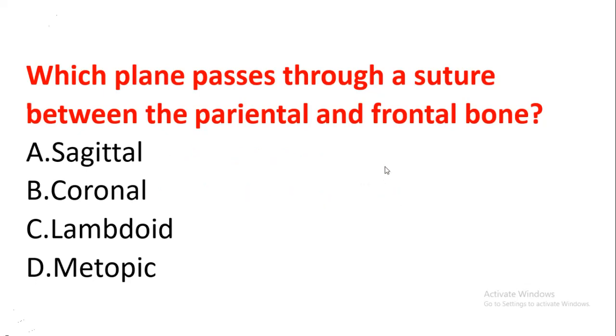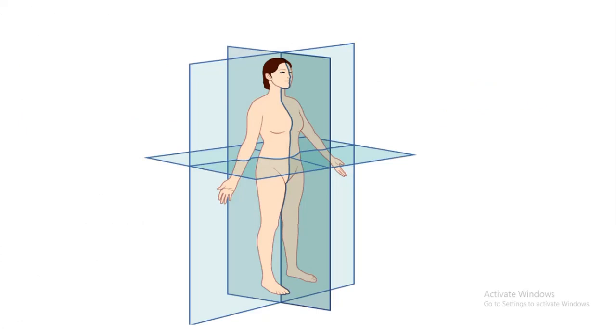So let's quickly go on my next part, which I can use the diagram to explain. So this is the human being, and this human being can be separated into two parts or more parts using these lines. So the first line we can locate here, it is the coronal line.